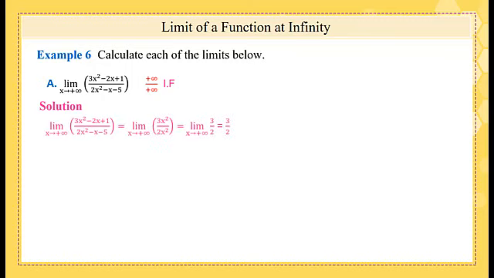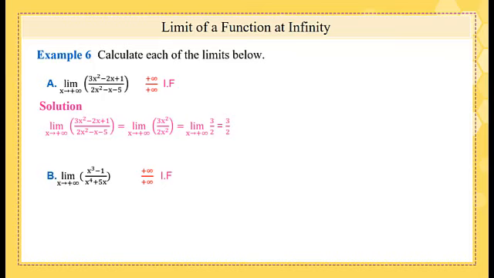By using leading term method, it's equal to the limit as x tends to plus infinity of 3x squared over 2x squared, which is the limit of 3 over 2, which is 3 over 2.